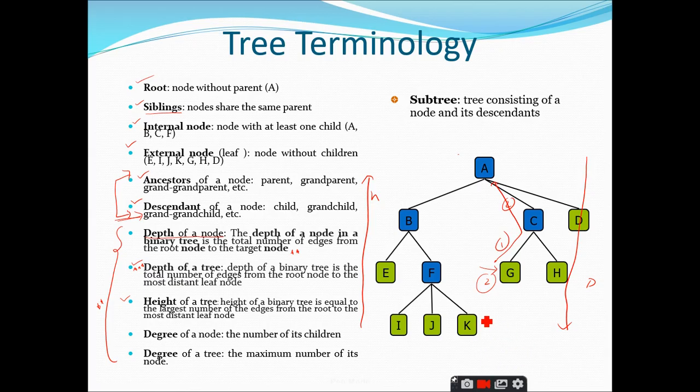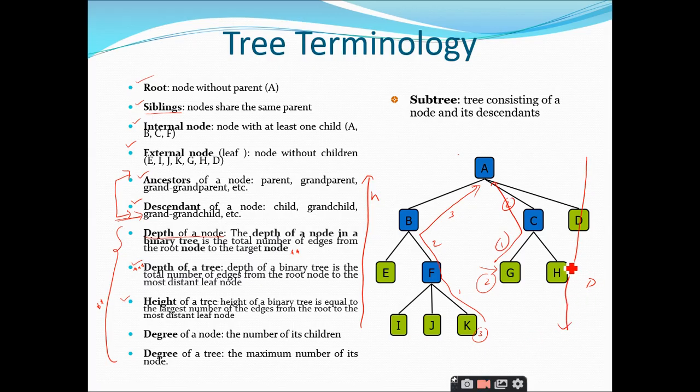Why? Because from K I move in the upward direction, I move to F, from F I move to B, and then from B I move to the root node A. So there exist 3 edges between this K and A. Therefore the height of this node is 3. Right? Is it clear?